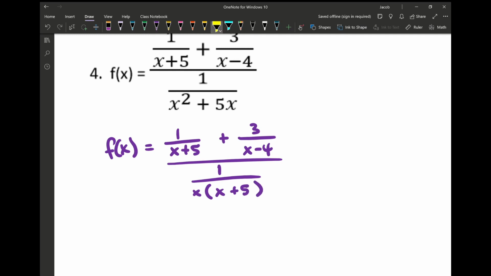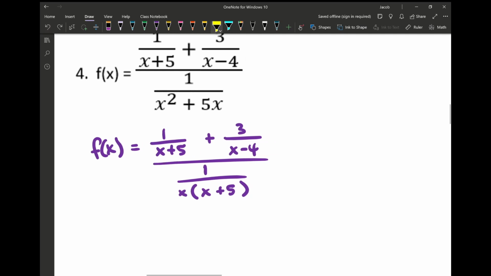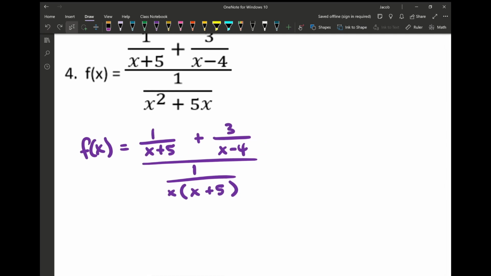And then I see that I've got an x plus 5 in common between both of these fractions. So I seem to have an x plus 5 and an x minus 4 in common. So that is the LCD that I'll be multiplying by. And you don't have to multiply it out, I can leave it in the factored form.